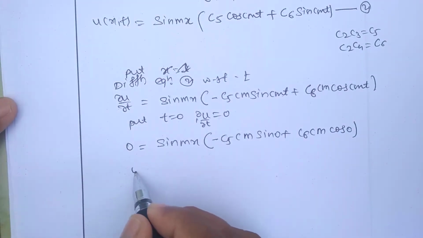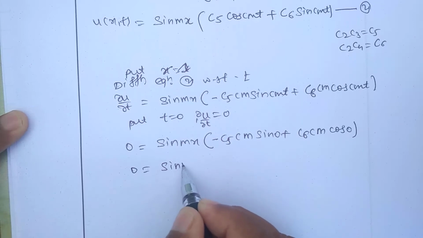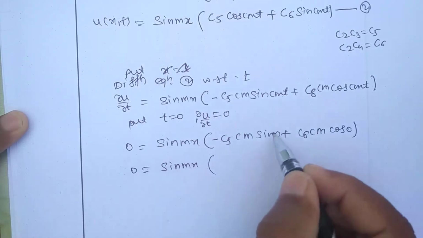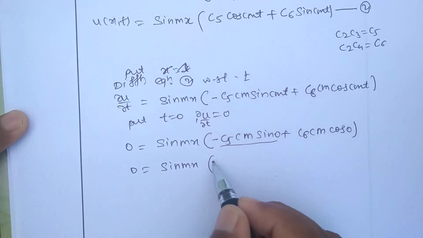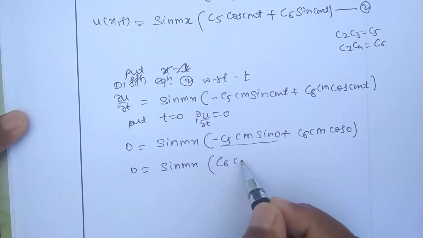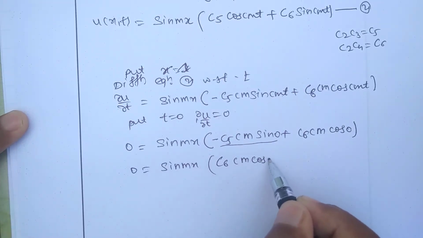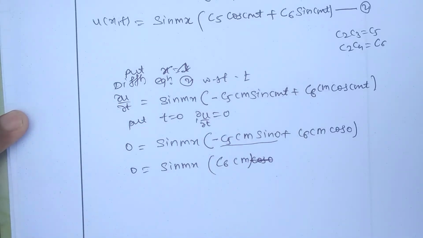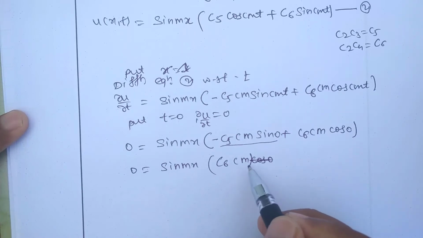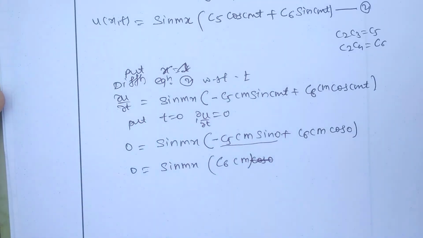Now after simplifying it, you will get 0 equals sin mx. Now this sin 0 is 0, so this whole term becomes 0. We will get c6 cm cos 0. Cos 0 is 1, so no need to write it. So you will get c6 cm sin mx.